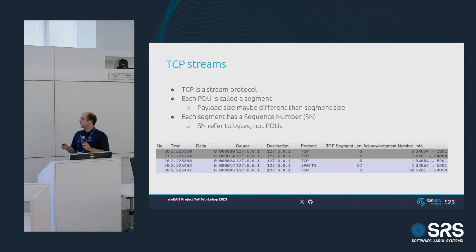Just to start off, so we're all on the same page and have the same terminology. TCP is a stream protocol. Each PDU is called a segment. Each segment has a sequence number. What I want to emphasize here is that sequence numbers are bytes, not PDUs. So that's different from RLC, PDCP, GTPU. It's important that we're all clear when we're talking about TCP sequence numbers.